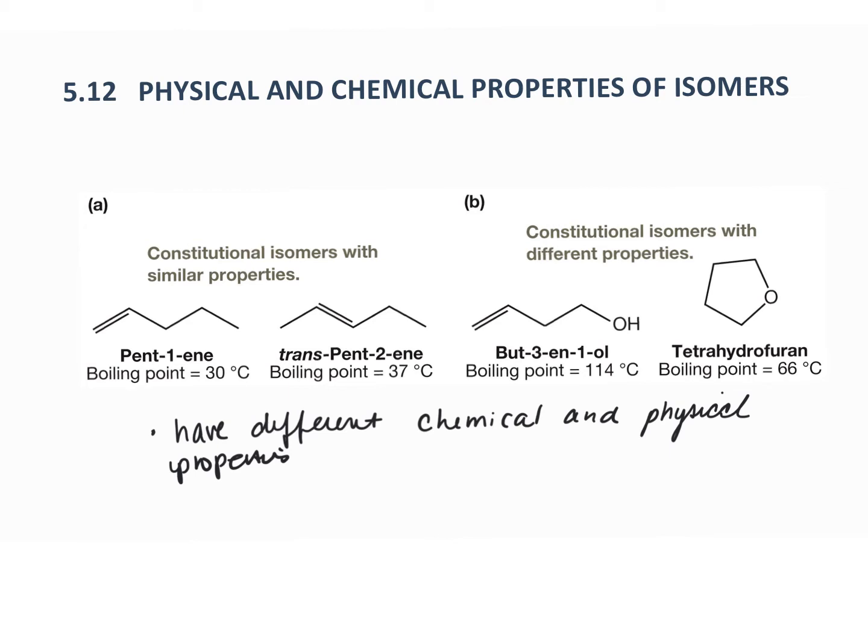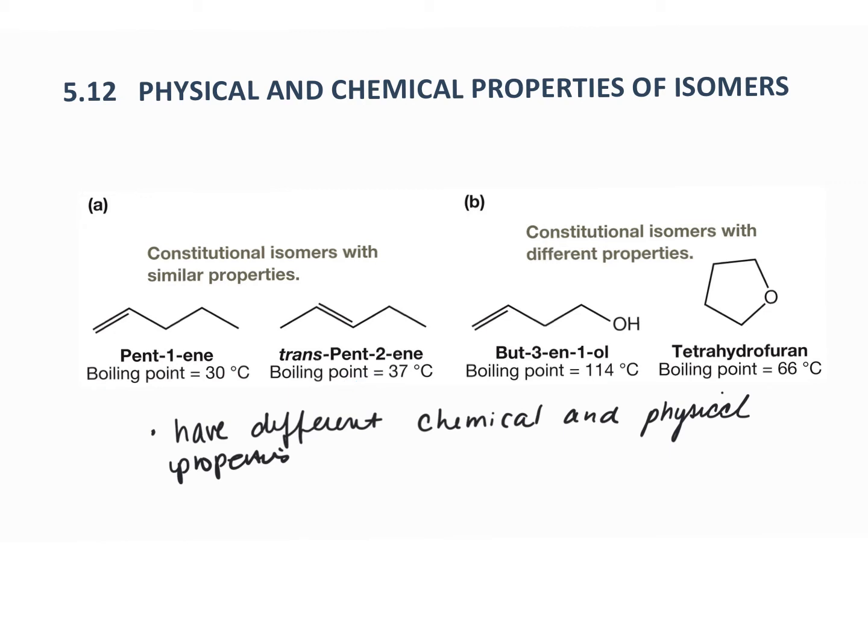So, for example, if we look at pent-1-ene, or 1-pentene, what we find is that its boiling point isn't much different than trans-pent-2-ene, right? They're different. Those are physical properties that are different.